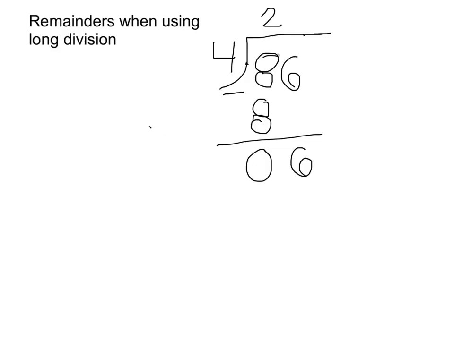Now we need to figure out how many times 4 can go into 6. Now we know that 4 doesn't go into 6 evenly. So we have to decide how many times 4 can go into 6 to get closest to 6.